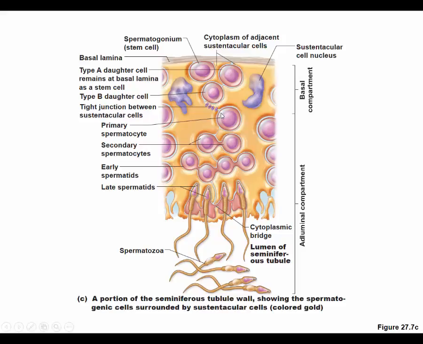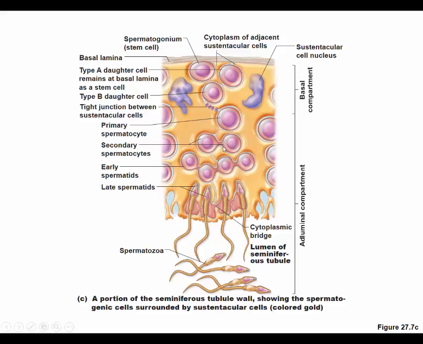It's going to divide and become a primary spermatocyte, and a primary spermatocyte is 2N. It undergoes meiosis 1 to form secondary spermatocytes.